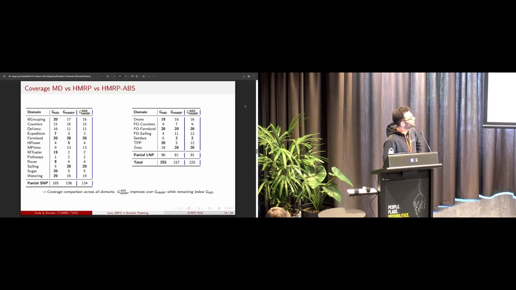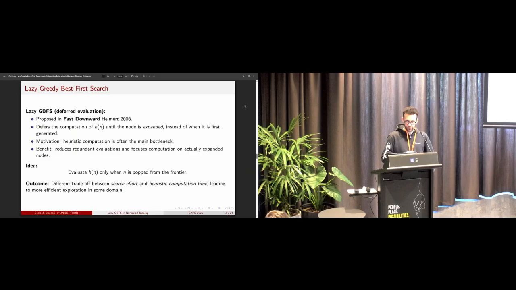Okay, so by first adding the linear abstraction, we see some improvement over linear numeric planning problems. As you can see here, we increase the coverage, but we still don't overcome the Manhattan distance.